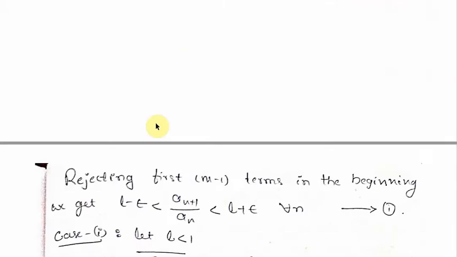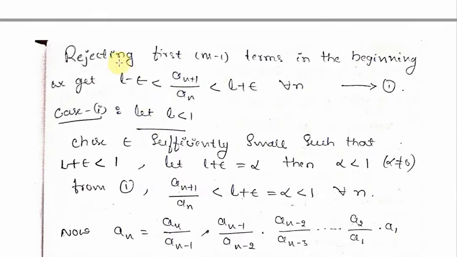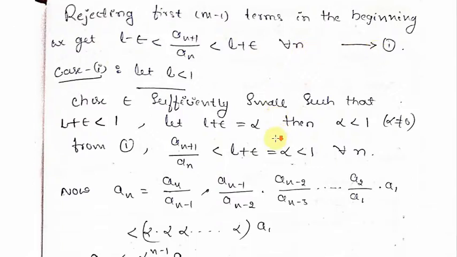This is by definition of limit. Now, rejecting the first m minus 1 terms in the beginning, and using the property of modulus, an+1 divided by an is greater than L minus epsilon and is less than L plus epsilon for all n. Take this as 1.